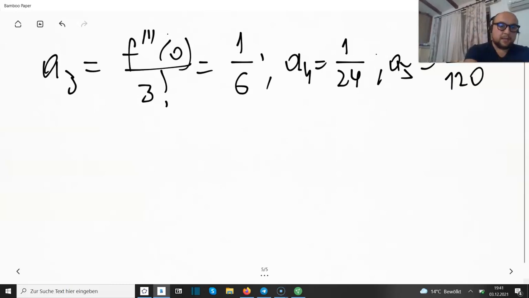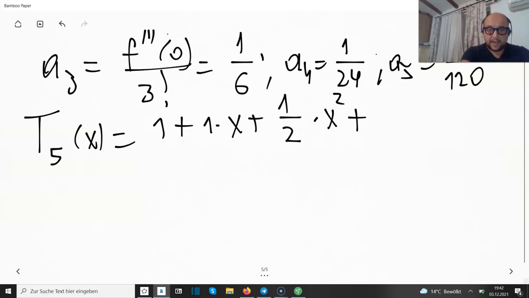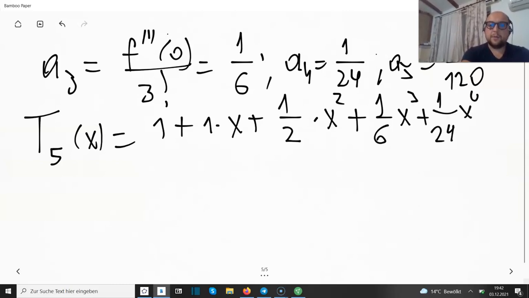So that means our Taylor polynomial of degree 5, I'll write it this way, would be a0 plus a1 times x plus a2, which is 1 divided by 2 factorial, times x squared, plus a3, which you can see right here, 1 divided by 6, x cubed, plus 1 divided by 24, x to the power of 4, and 1 divided by 120, x to the power of 5.